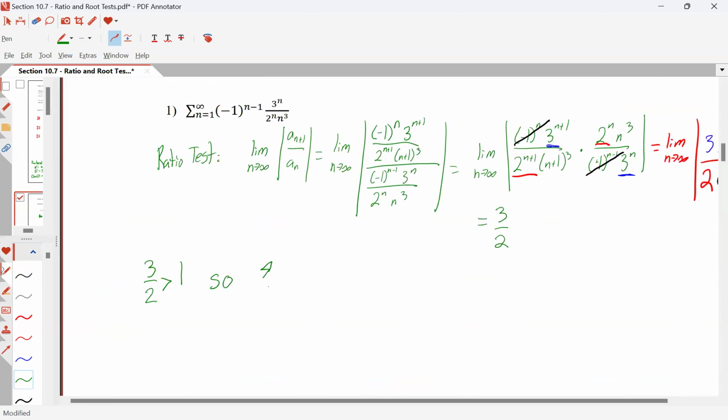So the series n equals 1 to infinity of -1 to the n minus 1, 3 to the n over 2 to the n cubed is divergent by the ratio test.